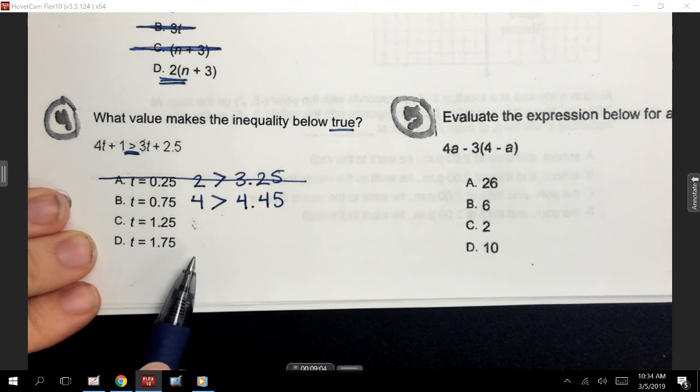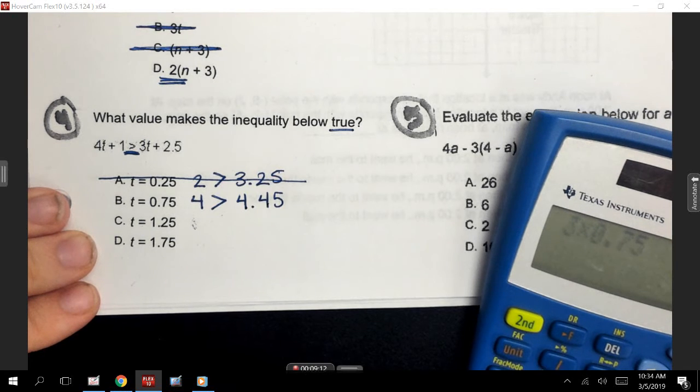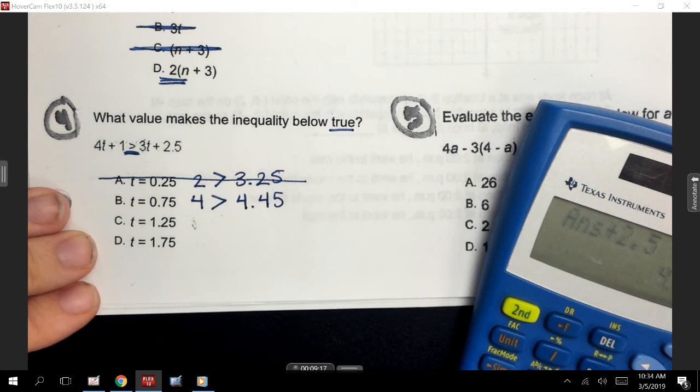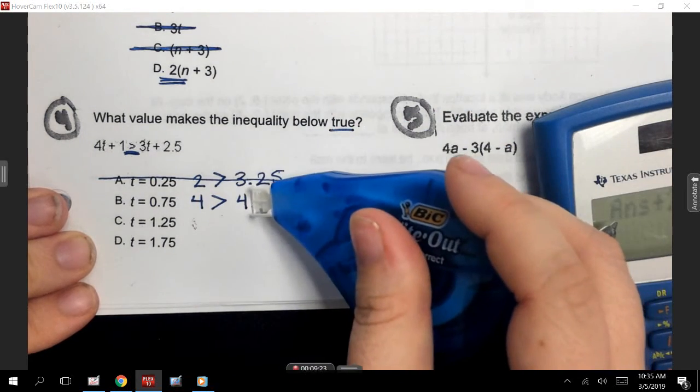Okay? Is this one true? Do I need to check it? 3 times 0.75 equals, plus 2.5 equals. I got 4.75, so double check. Yeah, so double check that math real quick for me, Noah, okay?